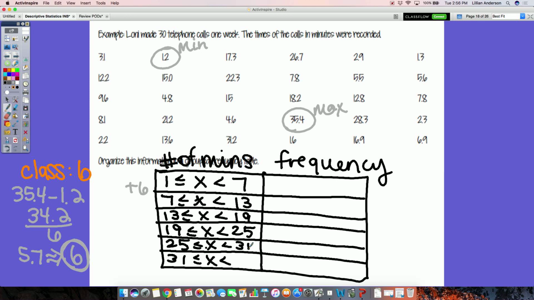Okay. What about that last class? 37. Now you're not going to put the max. You still go with the width because it's still counting up by sixes, right? So the last one's going to be 37.